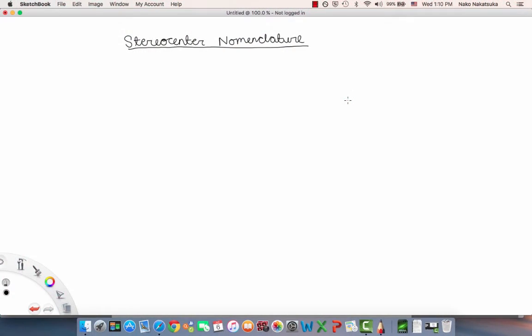So now we move on to talking about stereocenter or chiral center nomenclature. And so we talk about absolute configuration, which means the spatial arrangement of groups at the stereocenter, which I'm just going to abbreviate as SC.